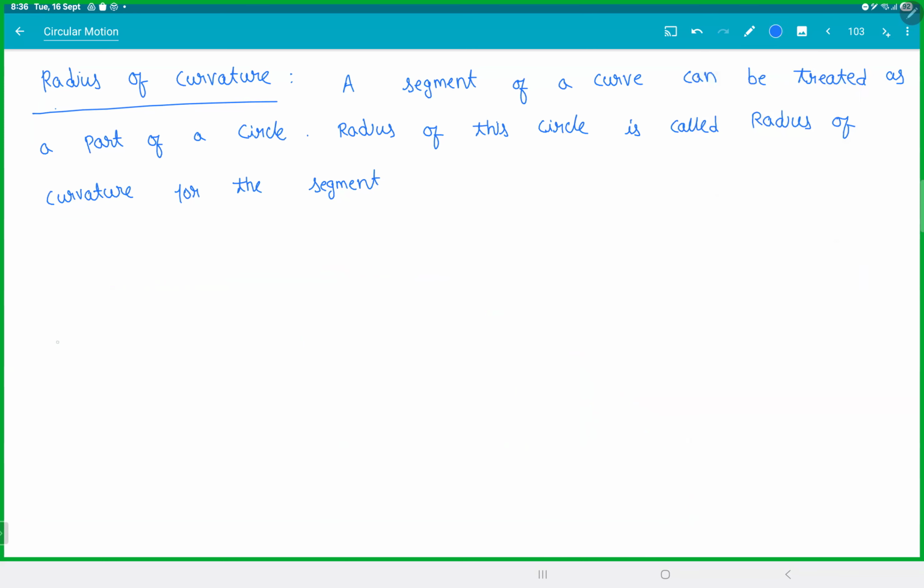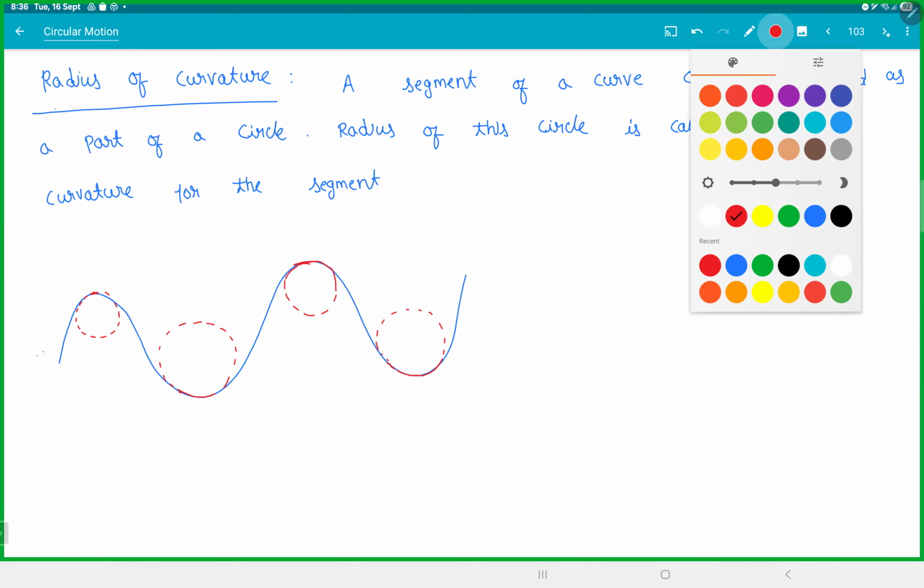For example, let's say something is like this. At this point, if you take a small segment, this belongs to this circle. This segment belongs to a bigger circle. This segment belongs to this circle. So each segment has a different radius of curvature.